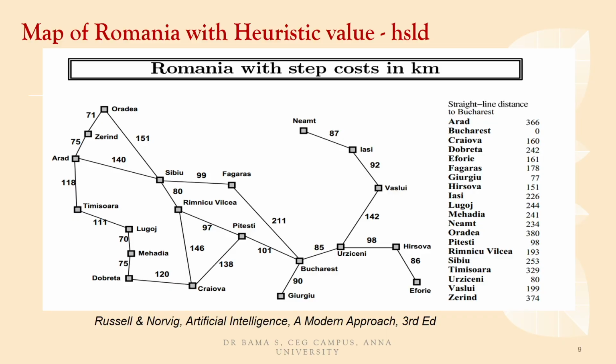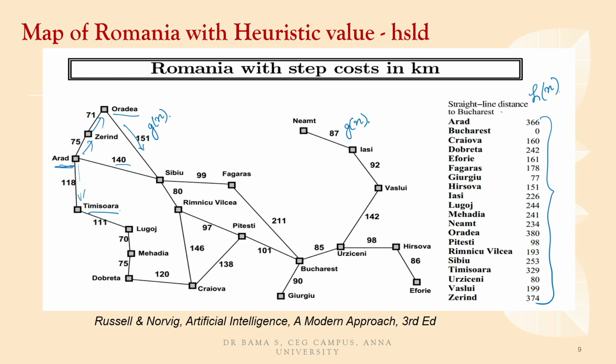We will be using this problem statement. This is again a map of Romania with step costs, where the nodes indicate the place names, and the edges indicate the distance in kilometers or miles. This value is the g of n value, and this list is going to be the heuristic value.